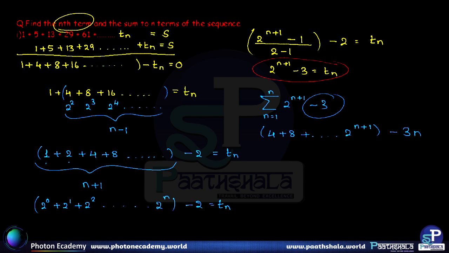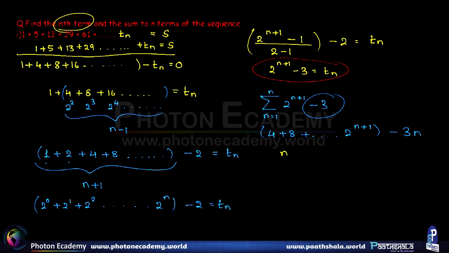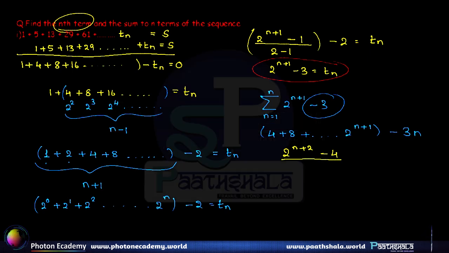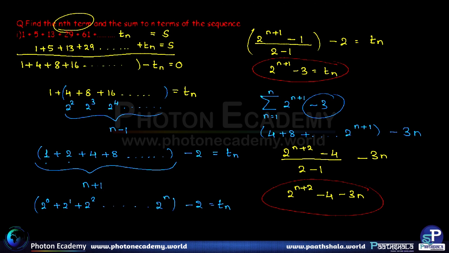So it is last term into common ratio, so over here it will become 2 raised to n plus 1 plus 1, so that is n plus 2, minus the first term, so that is minus 4, upon common ratio minus 1, so 2 minus 1, minus 3n. So that will become 2 raised to n plus 2 minus 4 minus 3n. So this is the required sum, and this is our final answer.